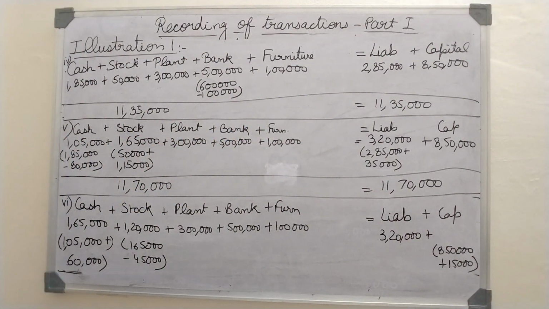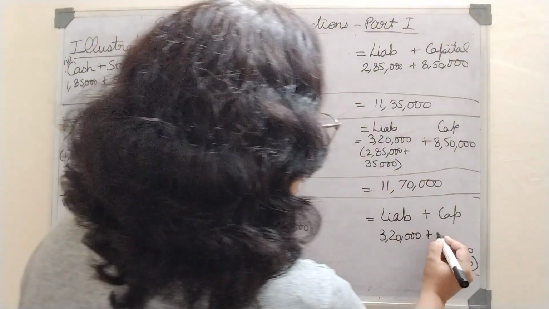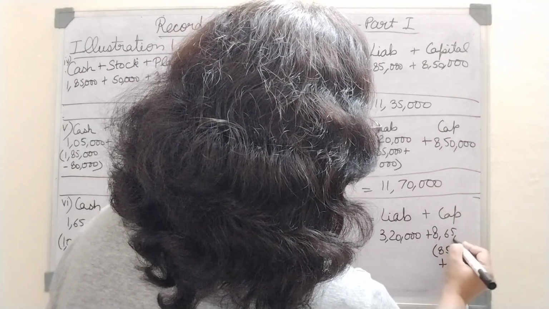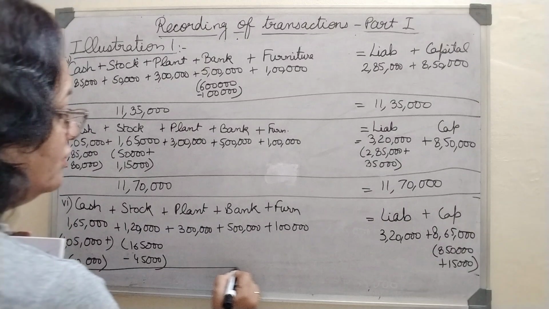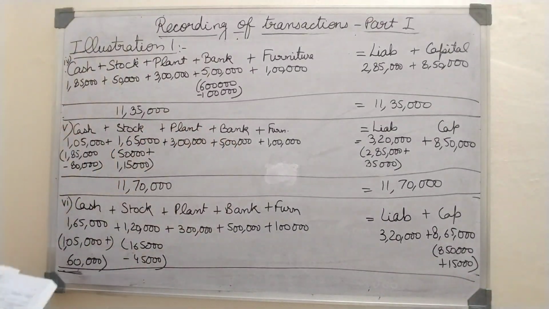We are adding it because later the profit will be used in the business only, right? So the same profit will be used. So it is 8,65,000, right? So when we total all these amounts, we get 11,85,000.